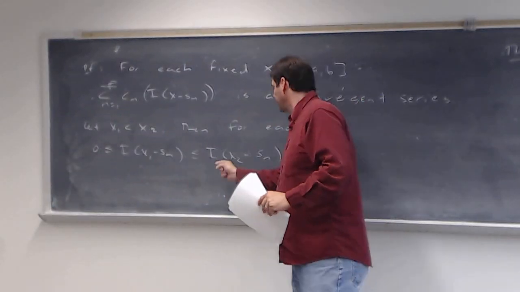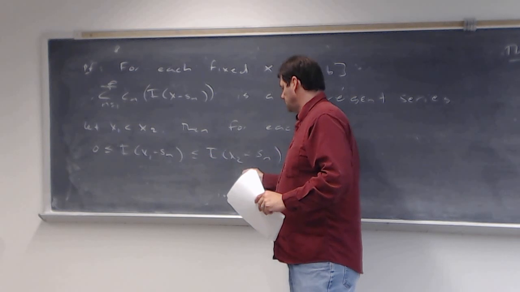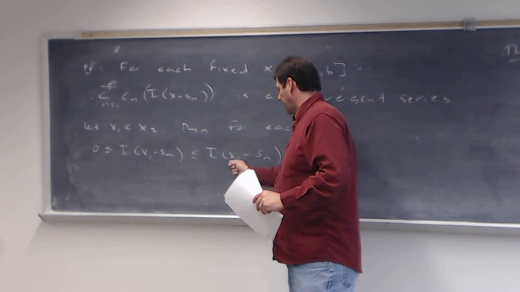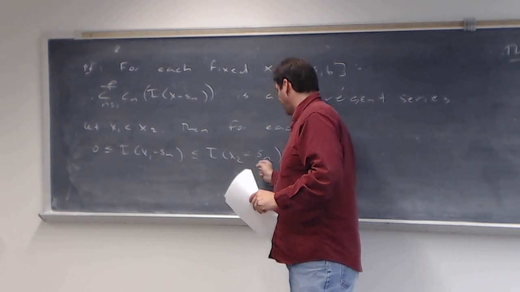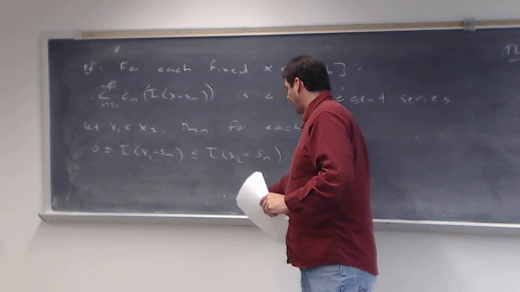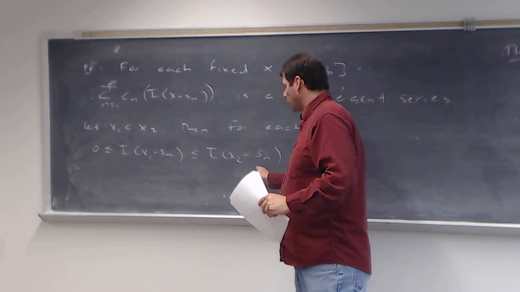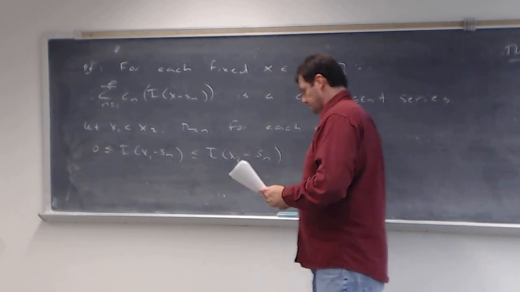So x sub 1 is smaller than x sub 2, so if we push further along and have a bigger thing minus s sub n, I was 0 most of the time and then jumped up to 1. So if you push further along, you know that you're going to be bigger than or equal to where you were.